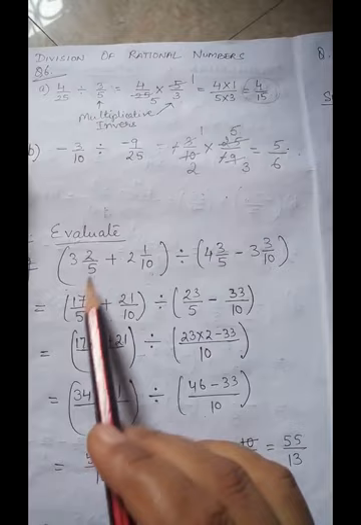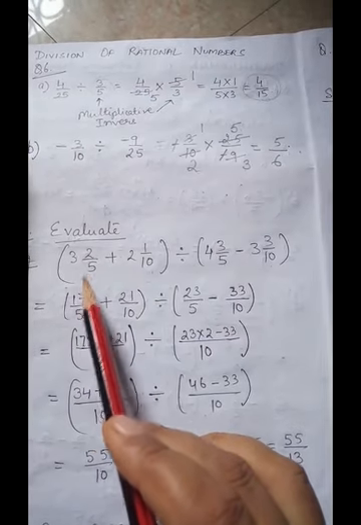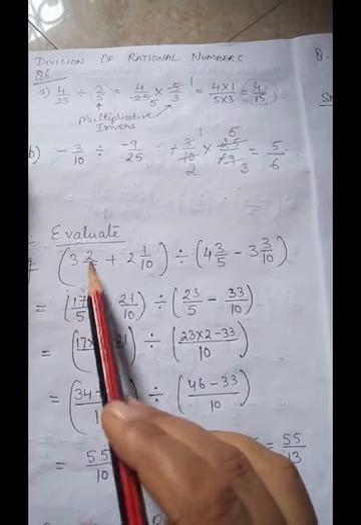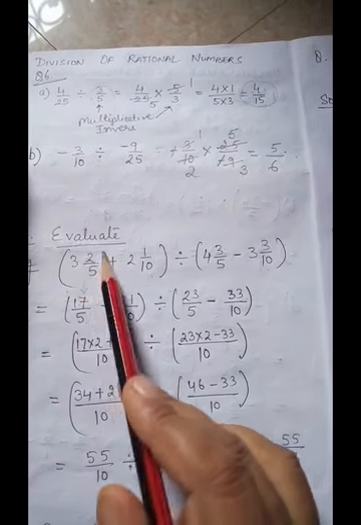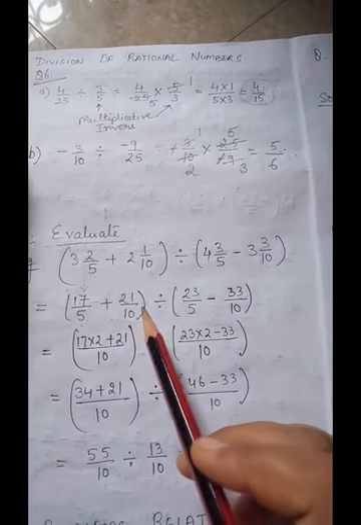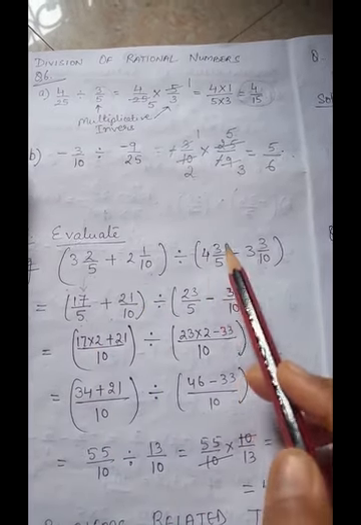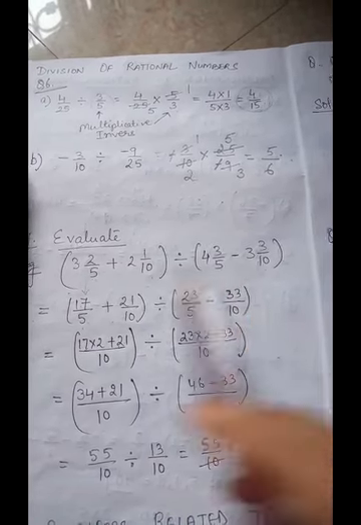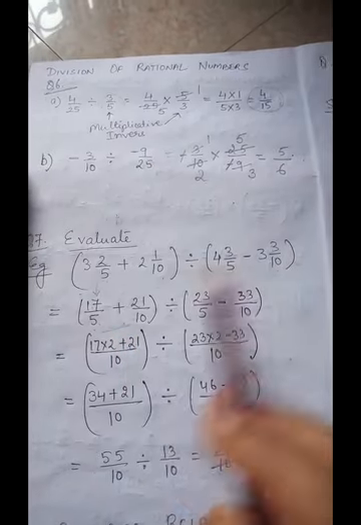When we convert the mixed numerals into fraction form, we get 17 upon 5. 3 fives are 15, 15 plus 2 is 17 upon 5. This is 21 upon 10, and this is 20 plus 3, 23 upon 5, and this is 33 upon 10. We will solve the bracketed terms first, then we will do the division.